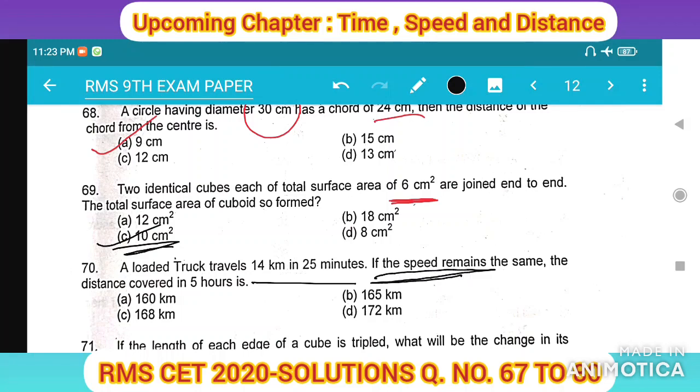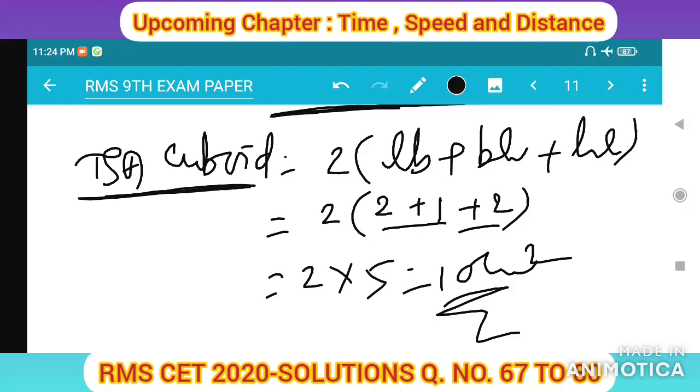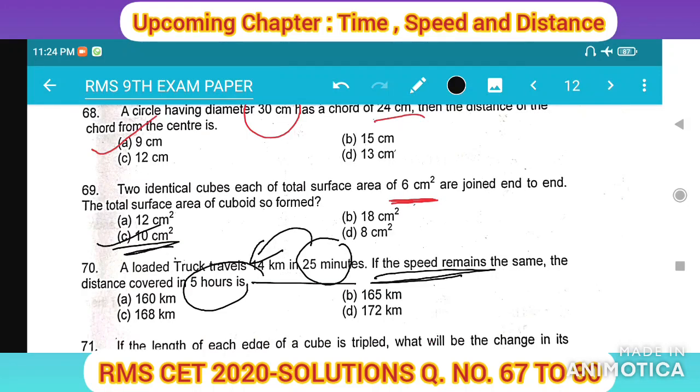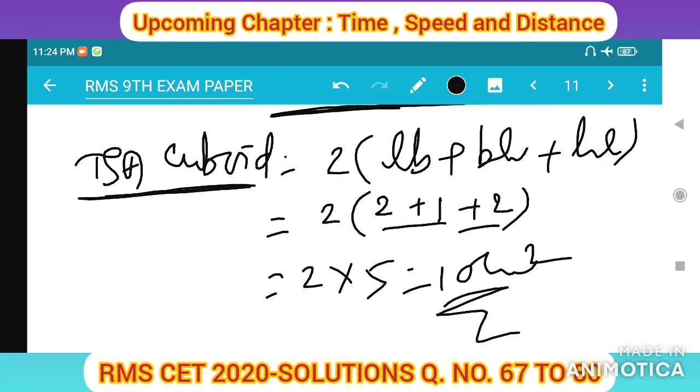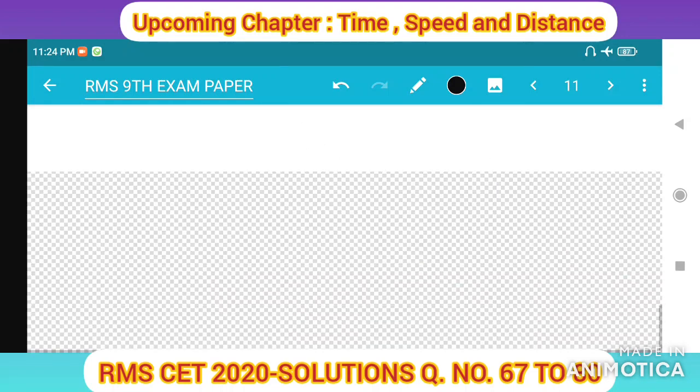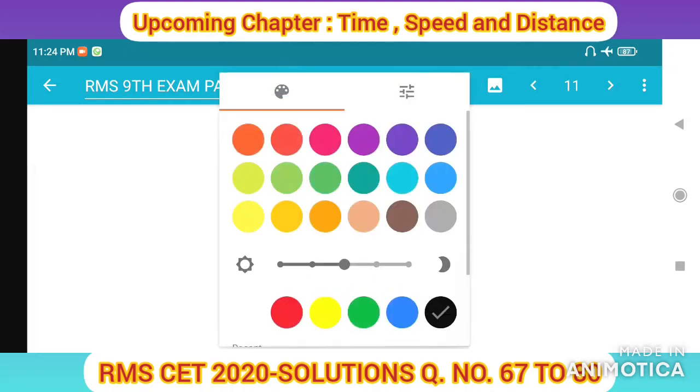So in this case, the distance covered in 5 hours. See, in 25 minutes it covers 14 kilometers. The question is asking, in 5 hours how much distance is covered by the truck.